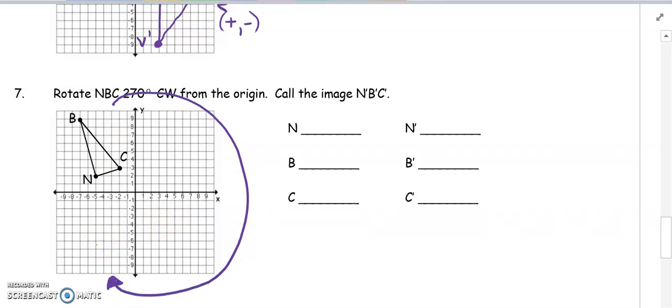The image is going to end up in the third quadrant. The third quadrant, keep in mind, has a negative X and a negative Y. So let's write down the original coordinates. N is negative 5, 2. B is negative 7, 9. And C is negative 2, 3.